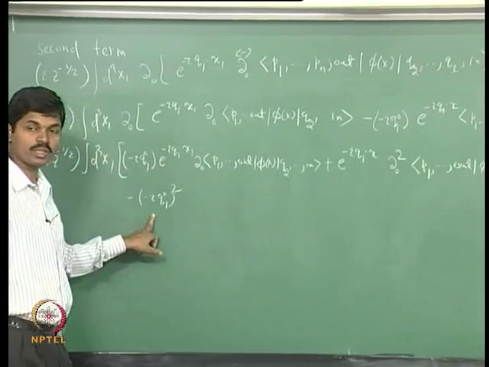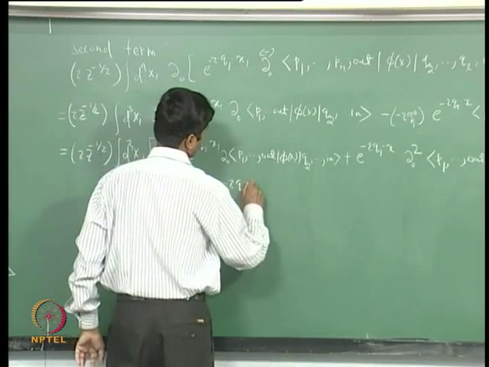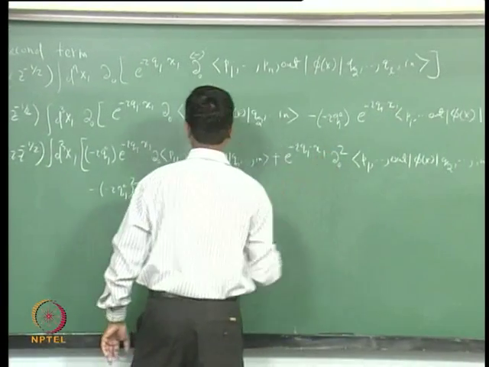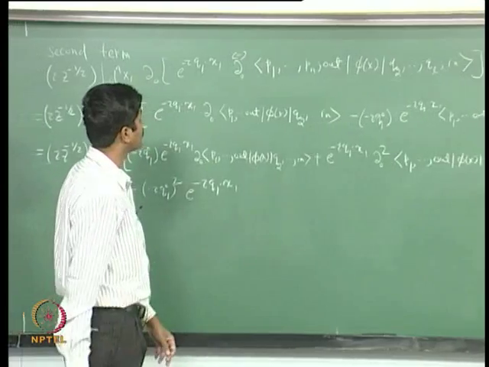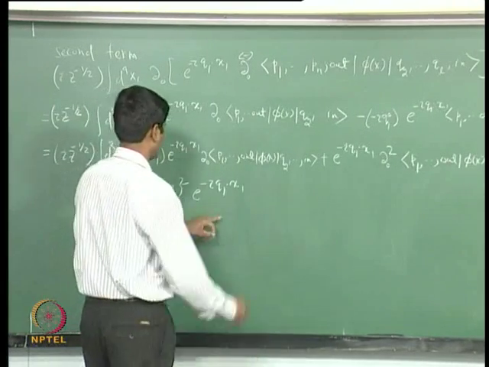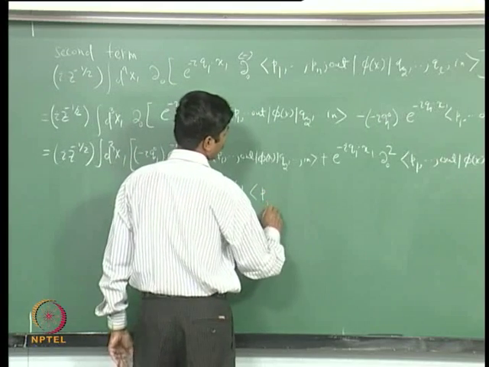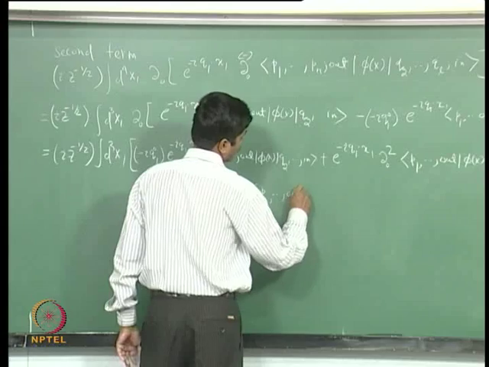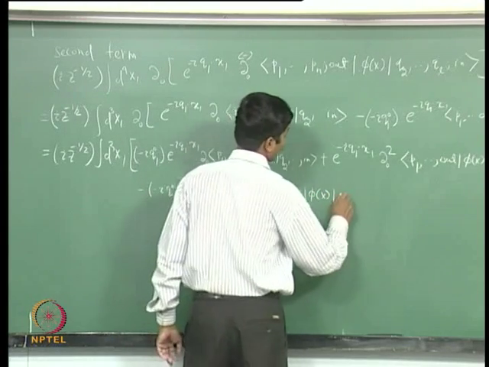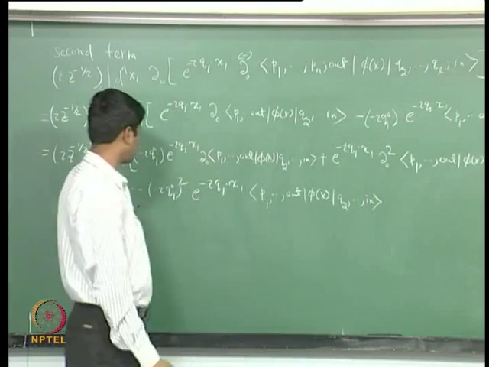So, I will get a square times e^(-i q_1·x_1), these are x_1, ⟨p_1 ... out| φ(x) |q_2 ... in⟩, that is the first term.